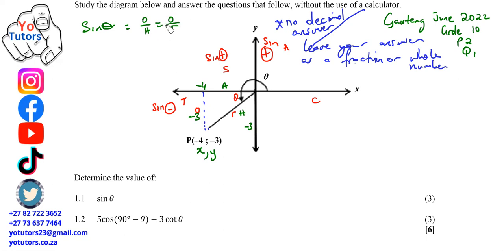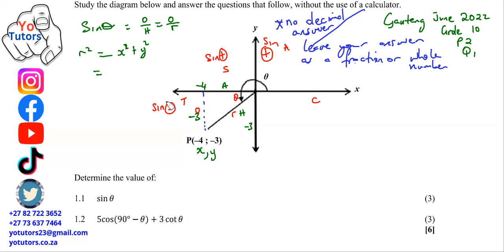But how do we get the hypotenuse? In this case, we know that hypotenuse squared, let's use R squared, is going to be equal to the adjacent side, which is our X squared, plus our Y squared.